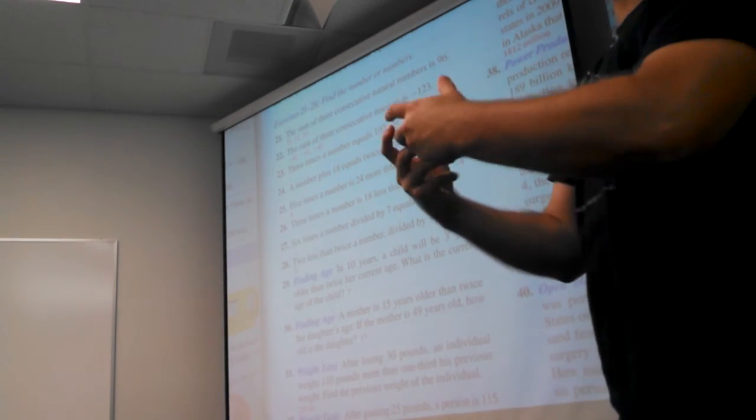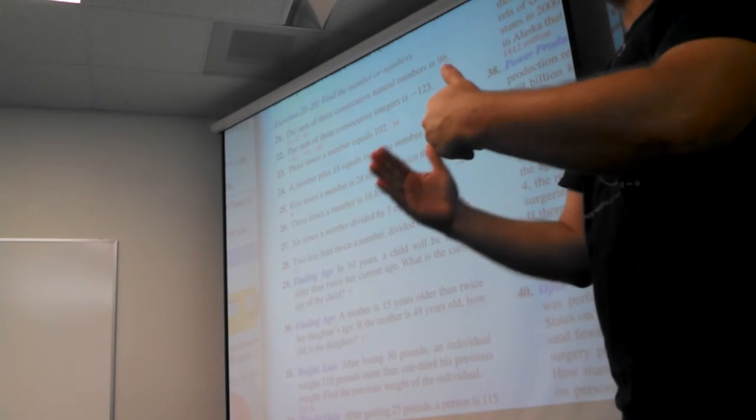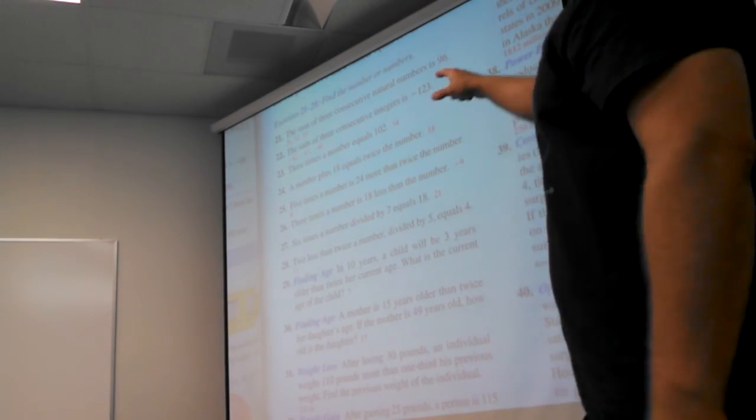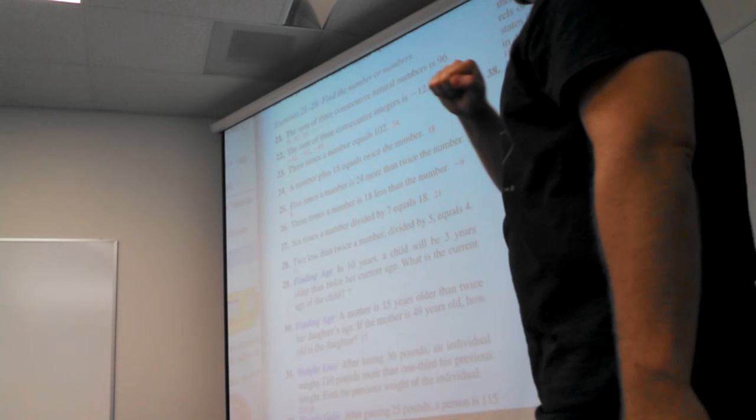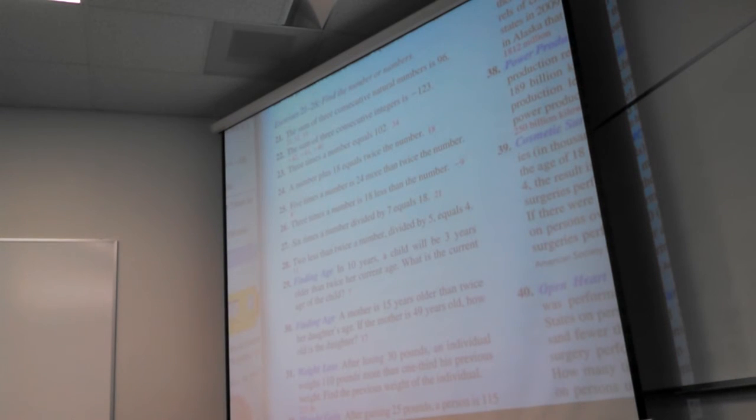So this is the one I call one step away from math. So try to set that equation up for number 26. This is page 121, section 2.3.